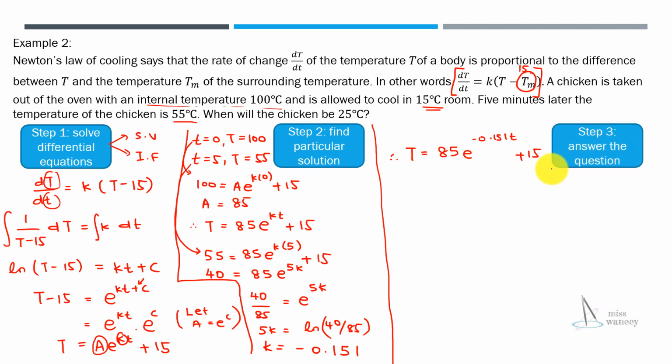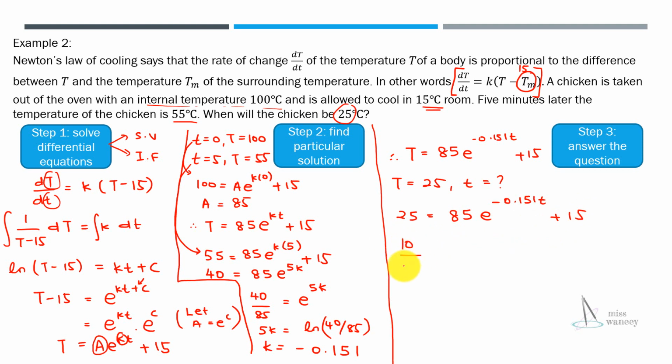Okay, so step 3, answer the question. So when will the chicken be 25? So I know that the cap T is equal to 25. What is the time? Okay, so substitute into this. So we have 25 equal to 85e to the power of negative 0.151t plus 15. So that means 25 minus 15 is 10.